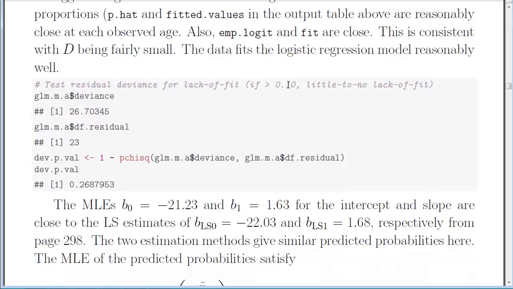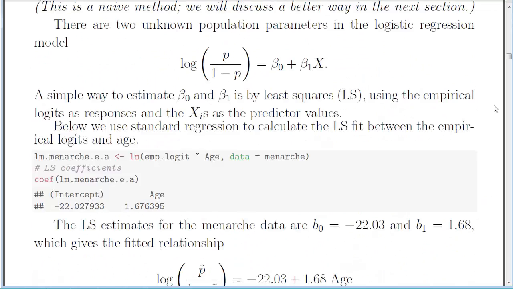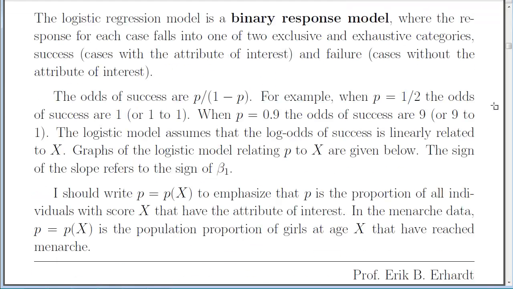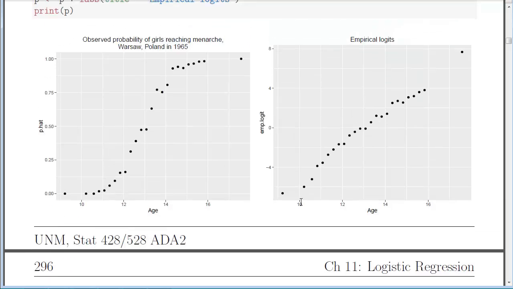And unfortunately, this is largely the only way we have of assessing the fit of the regression model. I guess there are a few other things we can do if I page up for a moment. From those betas, we could actually plot on the empirical logit scale a straight line.